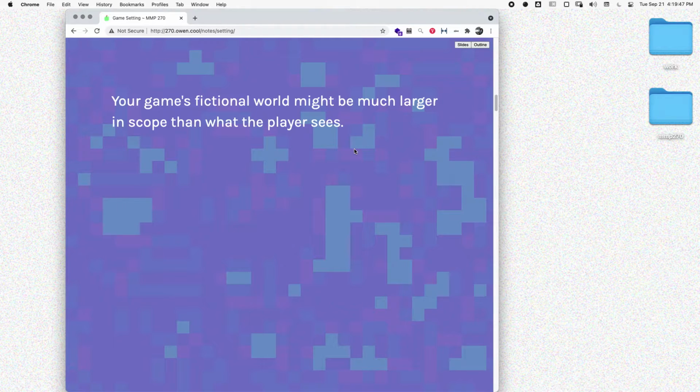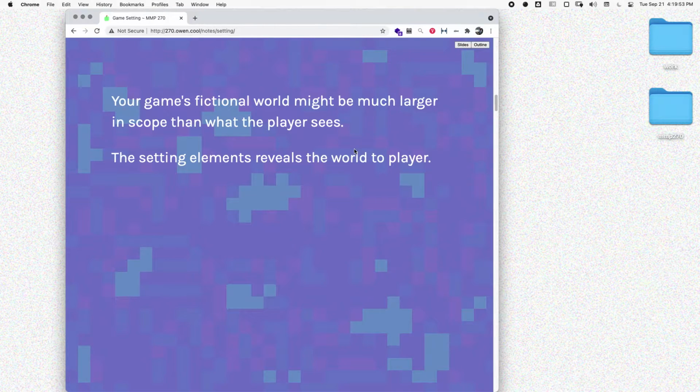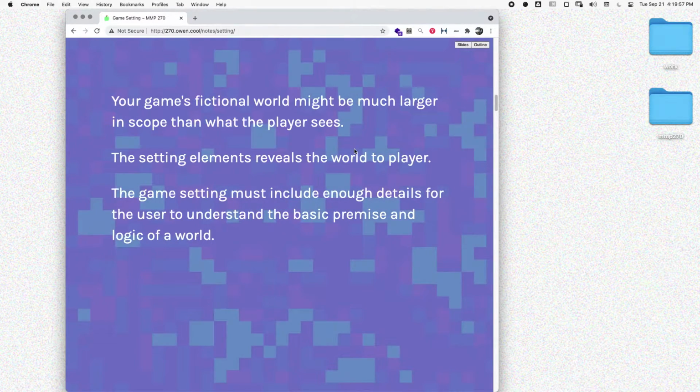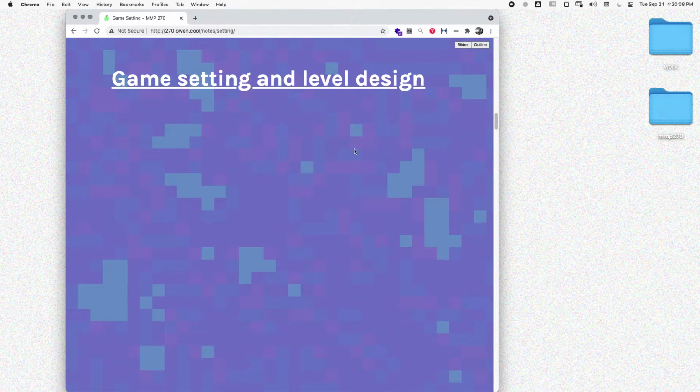It could be basically infinite, but the player is only going to see a few of those elements, and so we have to choose those elements. The setting reveals those aspects of the world to the player. We need enough details of this world that the player can understand the basic premise or the logic of what's happening in our game world.